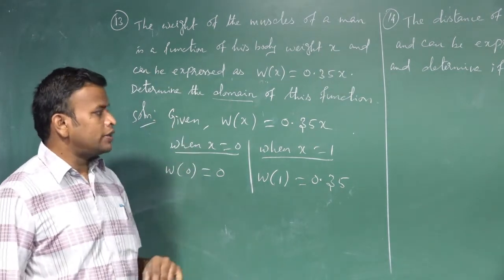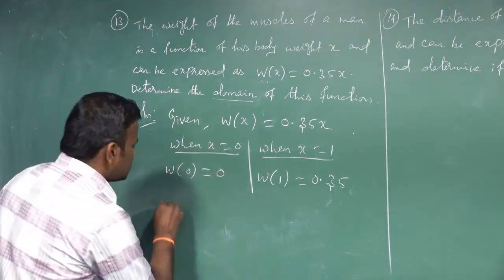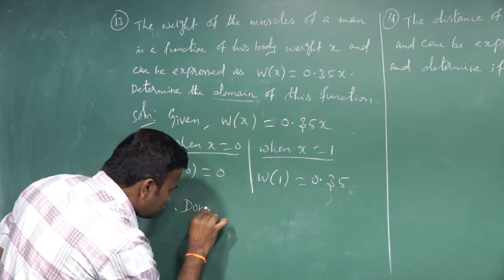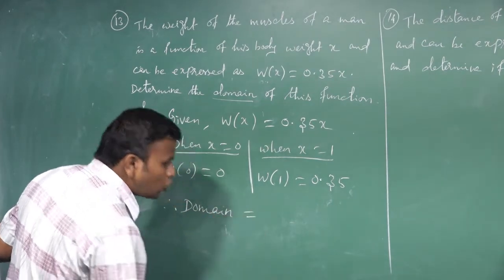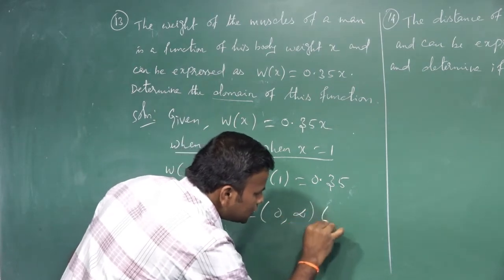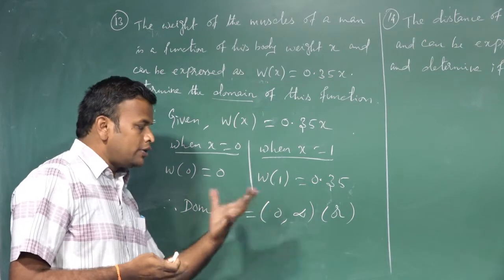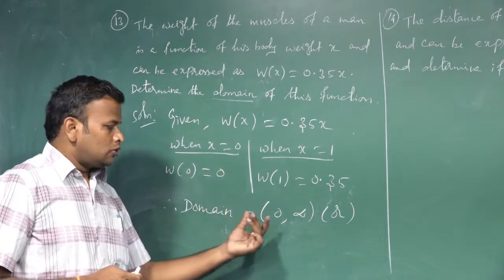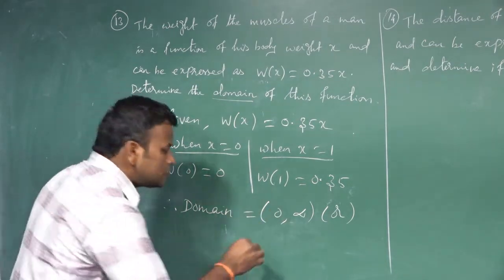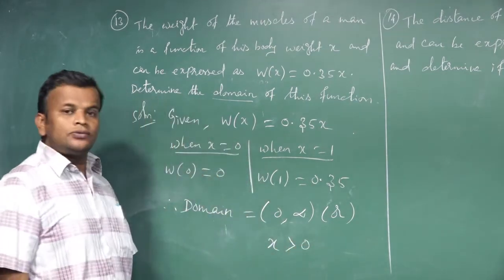Now our question is to find the domain. You identify that weight is always positive. Therefore, the domain will be the open interval 0, infinity. We can't have a body weight of 0. So the interval 0, infinity, or we say the value of x is greater than 0.